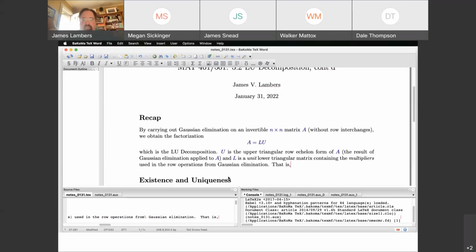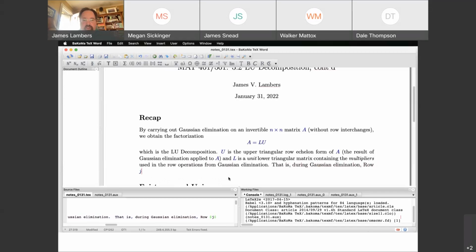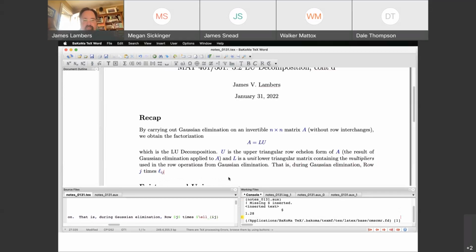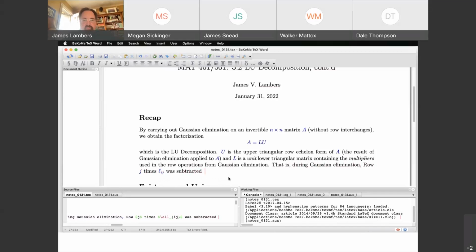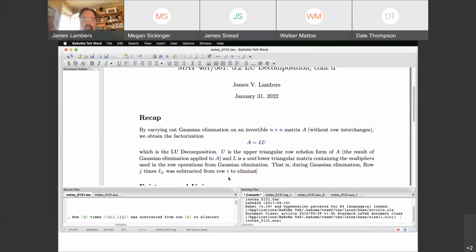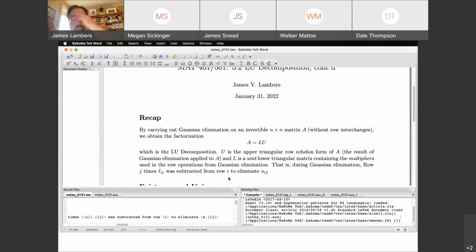So a way to interpret what you have in the LU decomposition: row j times the ij entry of L was subtracted from row i in order to eliminate the entry a_ij and then update the rest of the matrix accordingly.